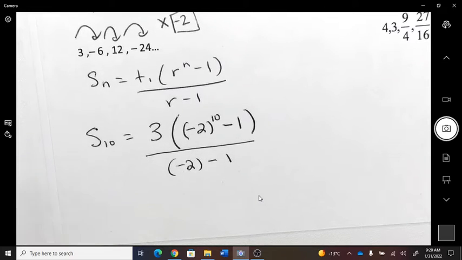When you're doing this in your calculator, I want you to be very bracket happy. Put lots of brackets in when you think you need to put them in, okay? I'll let you try typing it, and I want to see if you can get the answer. The negative 2 to the 10th, that negative 2 better be in brackets.